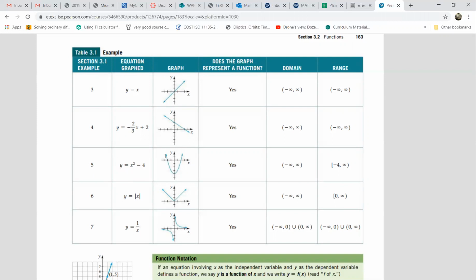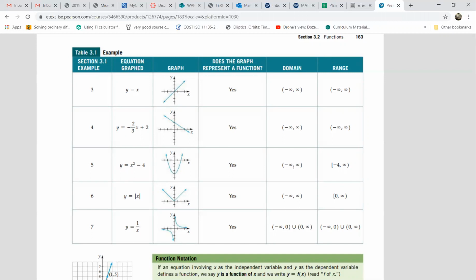If you projected the graph on x-axis, since the graph continues to both sides, the projection on x-axis starts from negative infinity, and if you project the rest of the graph on x-axis, it includes the line segment here. And also, if you project the right-hand side on x-axis, it goes to positive infinity. So domain, negative infinity to positive infinity.